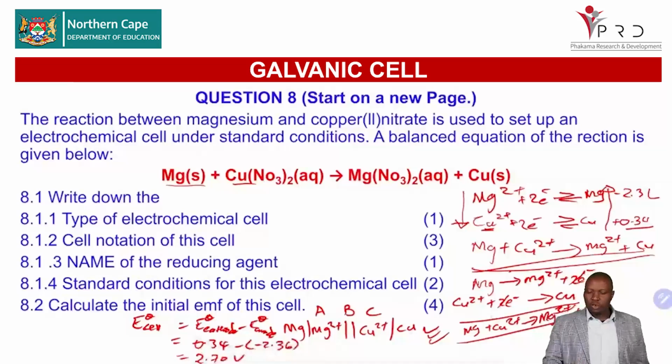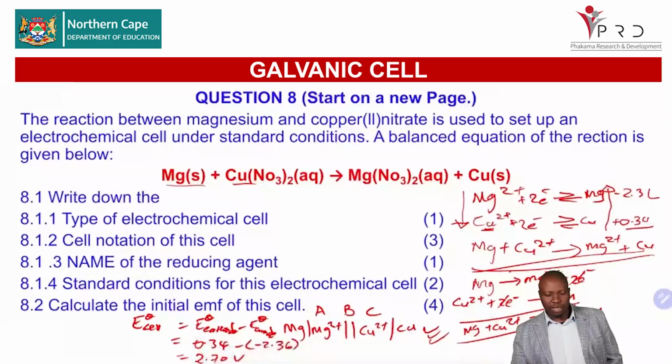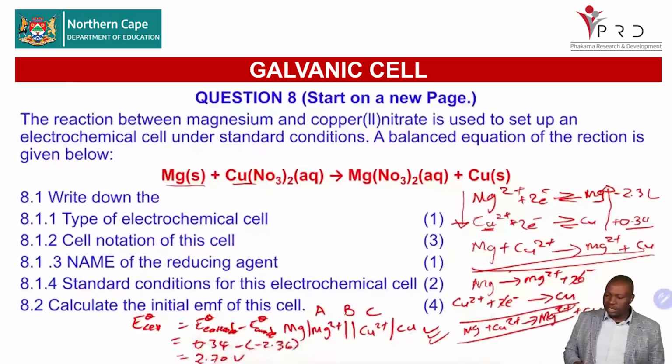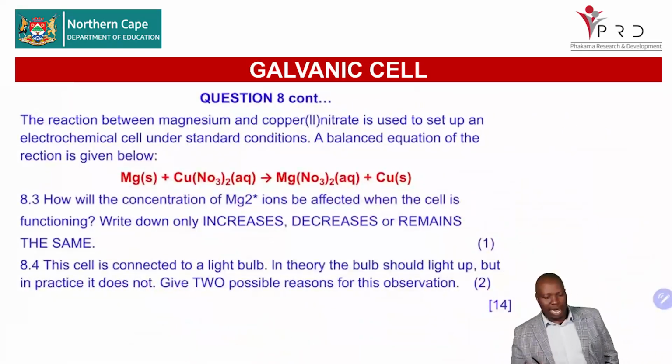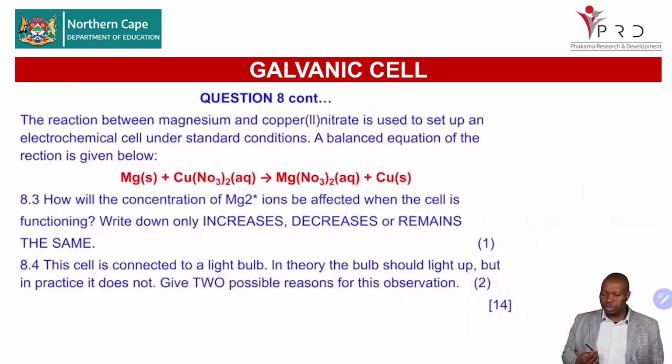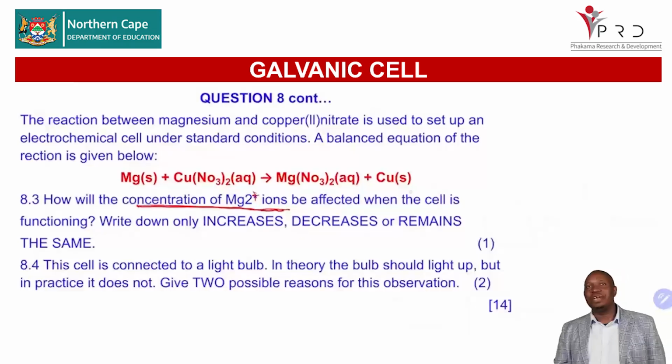So if you look at all these questions, they are asking all that which I was doing here, and I've demonstrated to you how you go about answering some of those questions. Look at this question. It says, how will the concentration of Mg2+ ions be affected when the cell is functioning? As the cell is functioning, magnesium is losing electrons, because magnesium alone is 0.